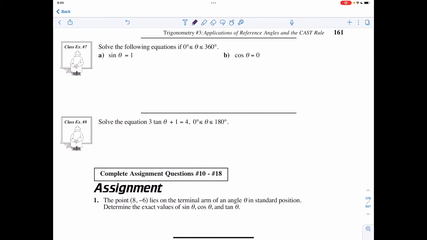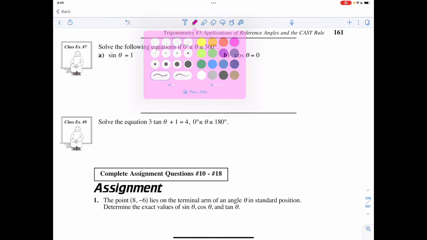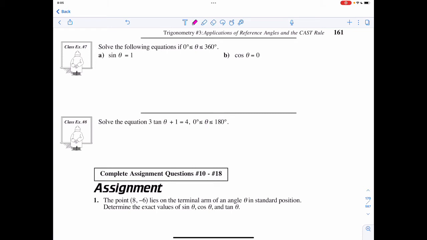We have some other interesting possibilities where if I say sine of theta is equal to 1, well, that gets a little trickier because when I solve my reference angle, I get 90 degrees.